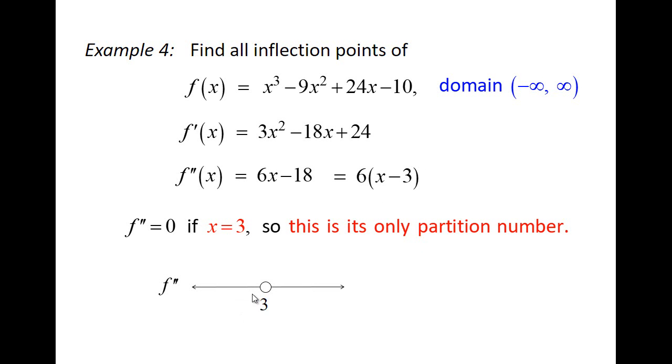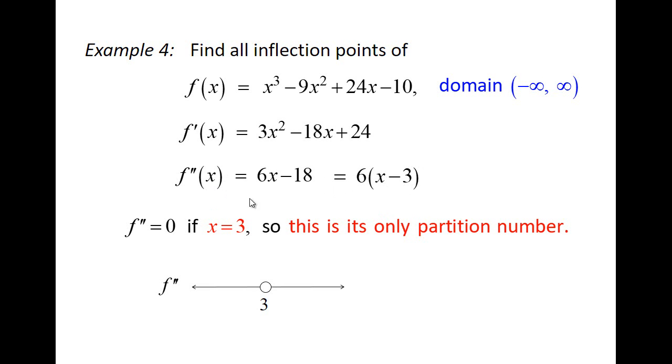Now let's figure out what is the sign of f double prime on the left and on the right of 3. If you look at the formula for f double prime, which is 6 times (x minus 3), clearly when x is bigger than 3, this quantity is positive, and when x is less than 3, x minus 3 is negative. So when x is bigger than 3, f double prime is positive.